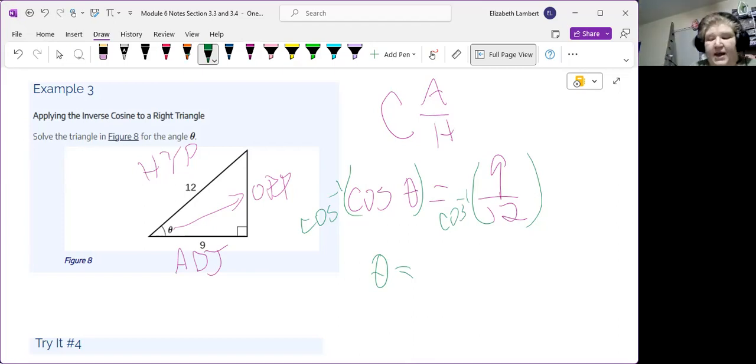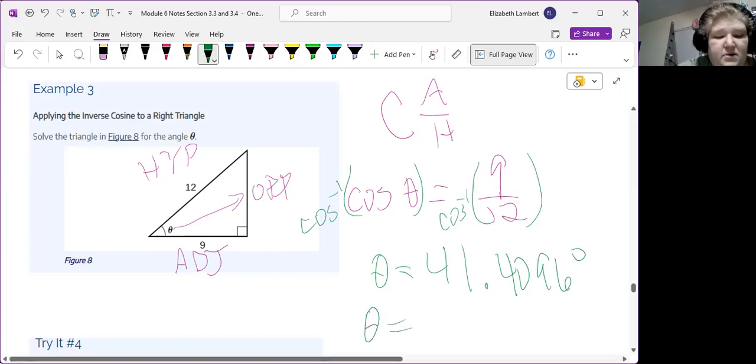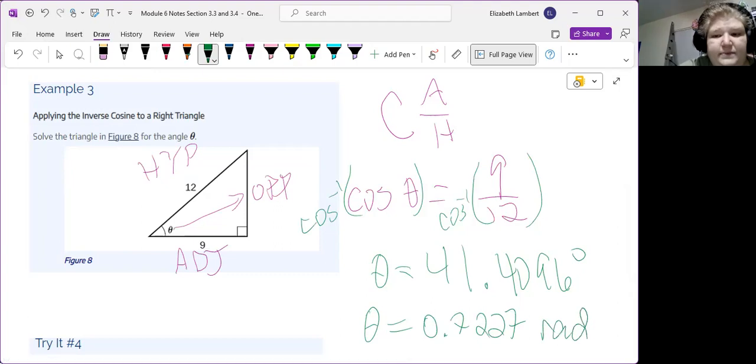And right now, mine does not say radians, so this result is in degrees, and that sounds reasonable. 41.4096 degrees. Now, if I switch to radians and go back, I get 0.7227 radians.